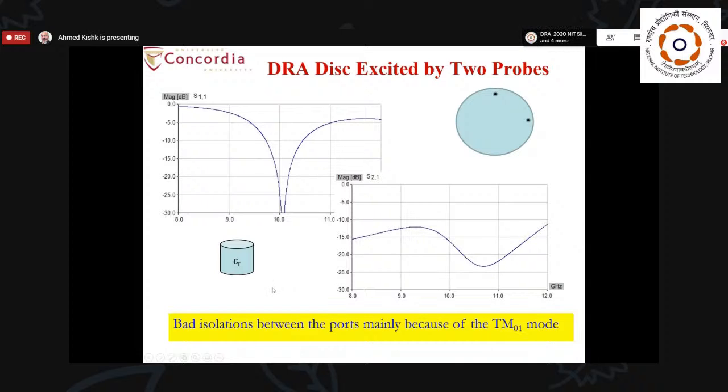Why is the coupling not as good as before? Because I am using a monopole here and a monopole here. This monopole is not only exciting the HEM11 mode that I want, but it also excites the monopole mode that is parallel polarization for both of them.